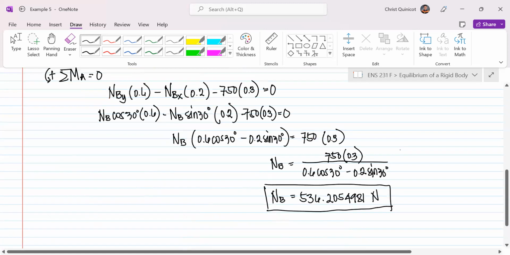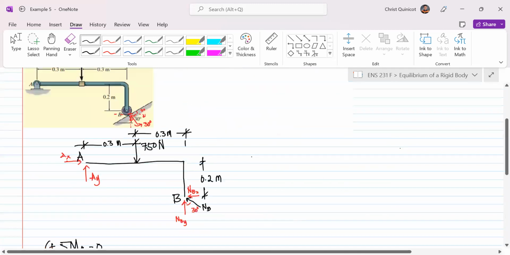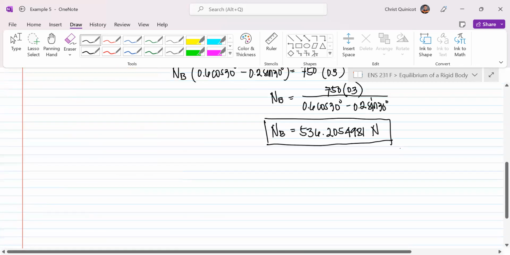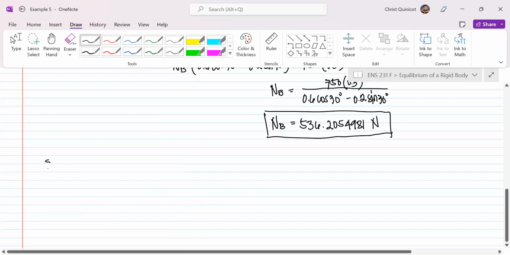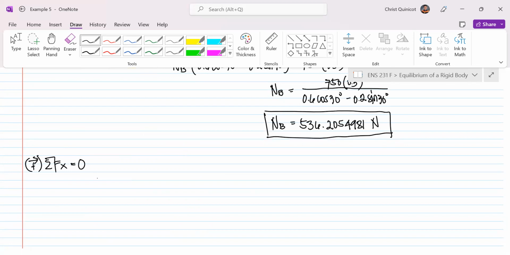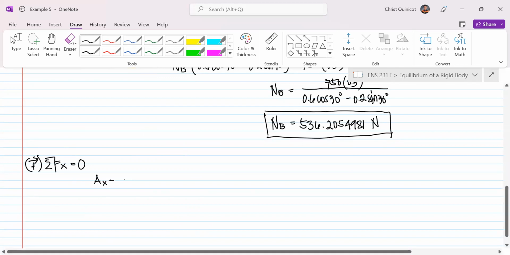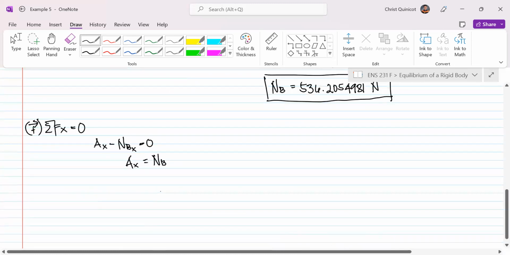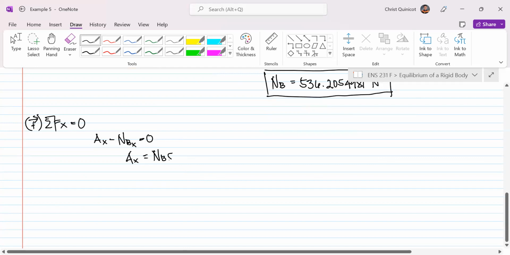So since we have calculated N sub B, we can now solve for A sub X and A sub Y by doing force summation. Summation of forces F sub X is equal to 0, assuming right is positive, so A sub X minus N sub B X is equal to 0. A sub X is equal to N sub B sine 30 degrees.